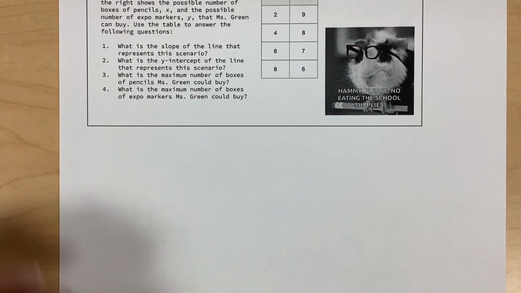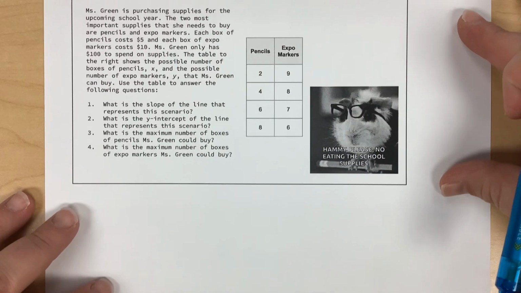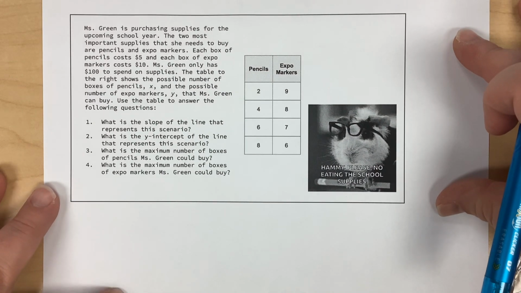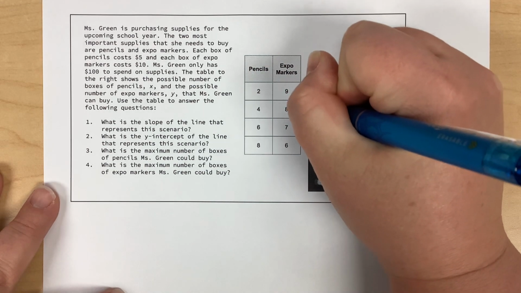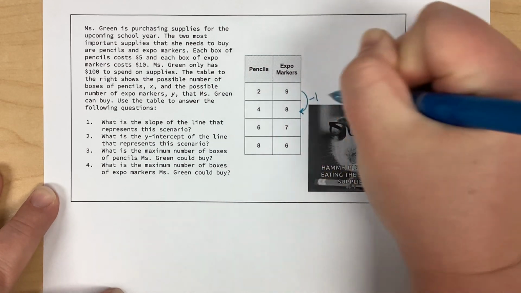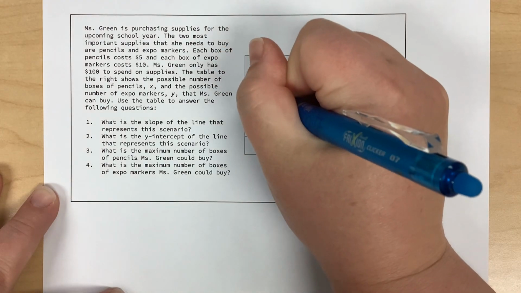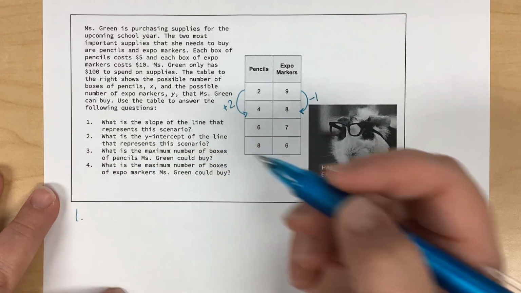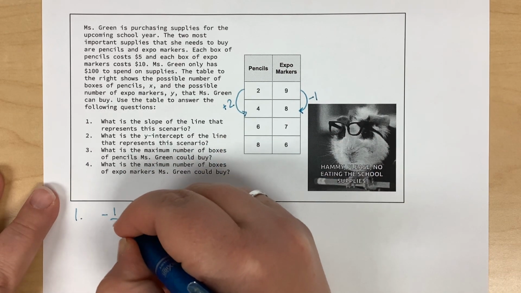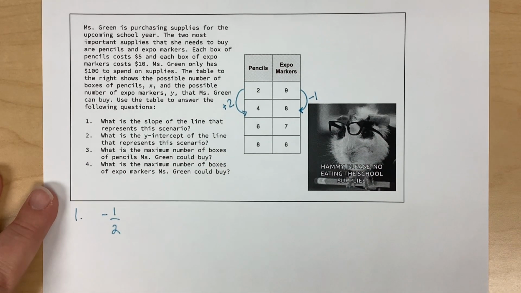All right, so to find the slope from a table, remember that you need to find the rise over run, or the change in y over change in x. So when I look at the change in y, I notice that it goes down 1 every time I go down the table, and the x changes by adding 2 each time I go down the table, which means my slope is -1 over 2, or -1/2.